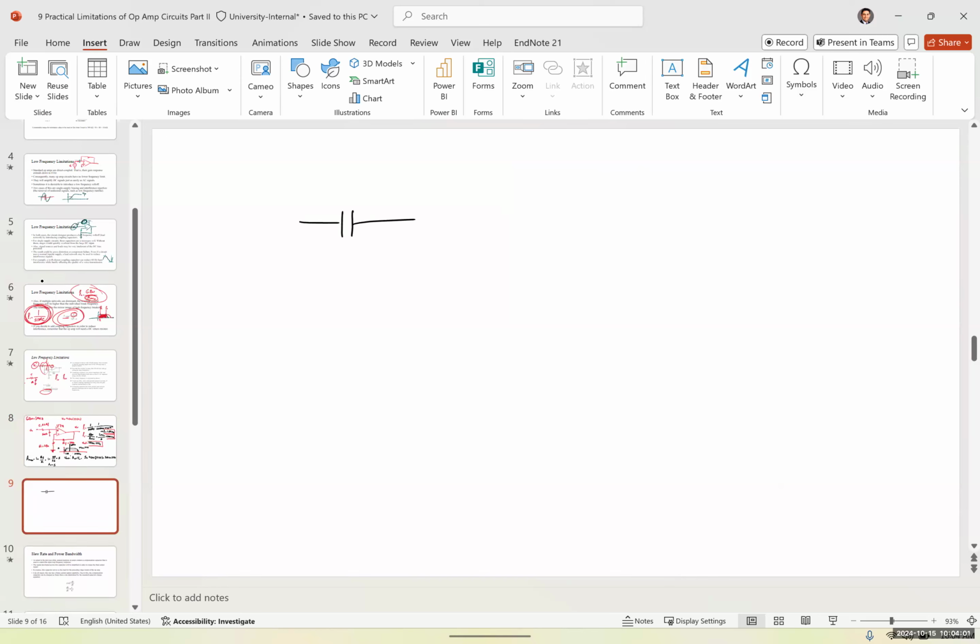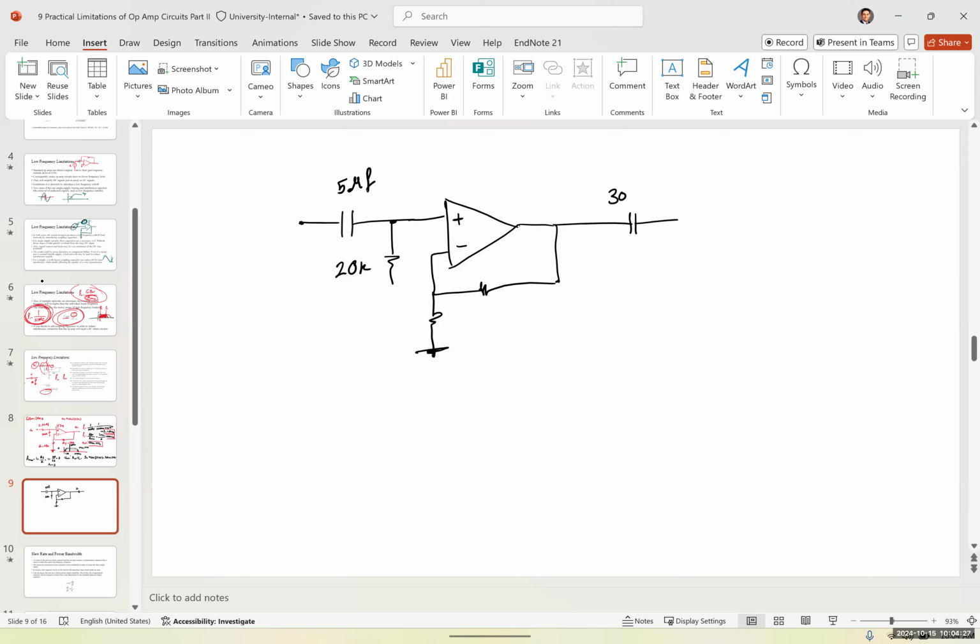Imagine we have, again, something similar to what we had. Let's say this is 20K. This is 5 microfarad. And this is connected again to another 30 microfarad, and this is 60K, connected again to another positive and negative.